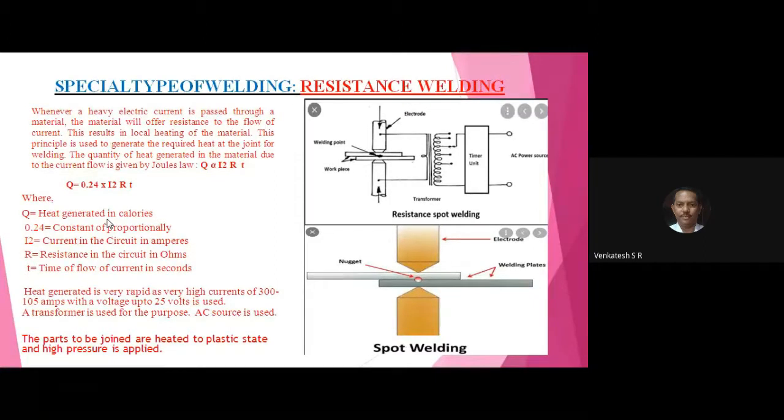Next line, write down I, the current flowing in the circuit, in amperes. R, the resistance in the circuit, in ohms.